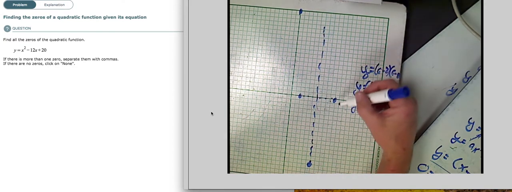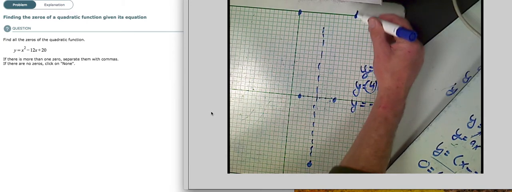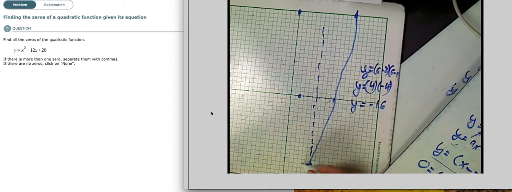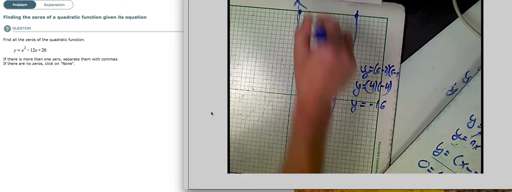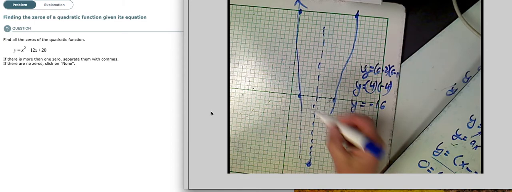And then I know the mirror point of my y-intercept is right here. And there is my graph. Beautiful graph. Not really, but we'll clean that up a little bit.